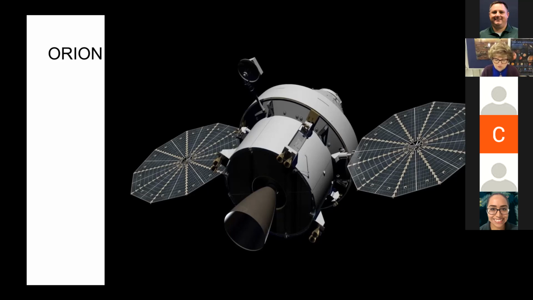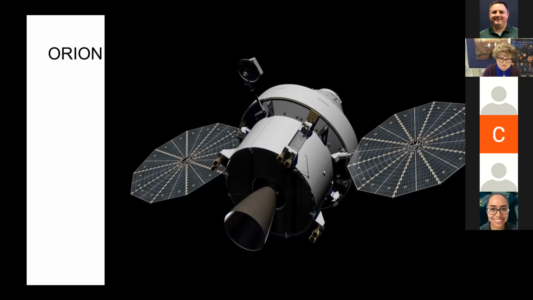So Artemis 1 is going to be a test flight. Artemis 2 will be the next trip to the moon, and it's actually going to go past the moon. And Artemis 3, Orion will take astronauts to the lunar South Pole. And then once those are all successful, the next thing would be to send it to Mars.